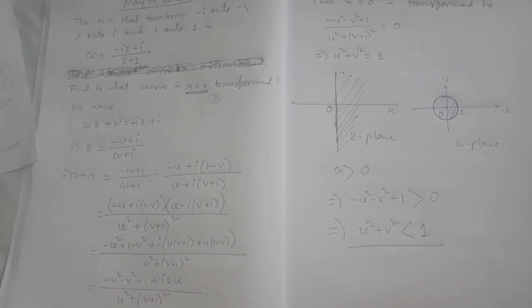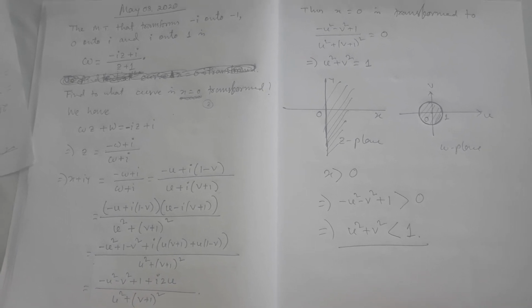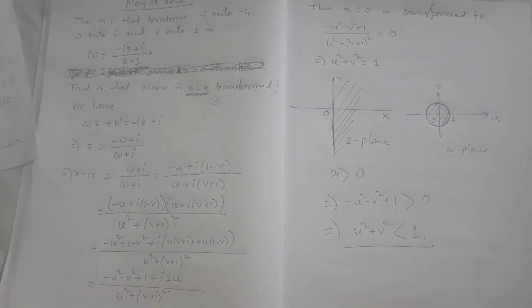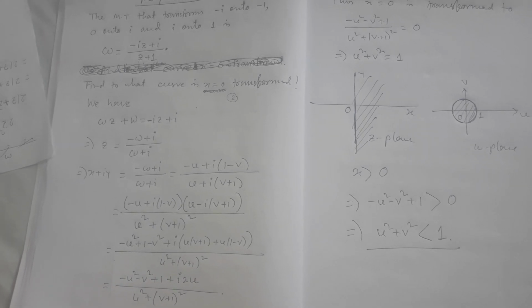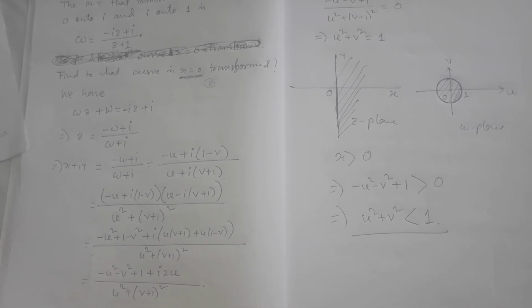Next I will show another example, and then I will prove that actually there is a unique Mobius transformation that transforms 3 distinct points in the z plane onto 3 distinct points in the w plane. There is an implicit formula for that.